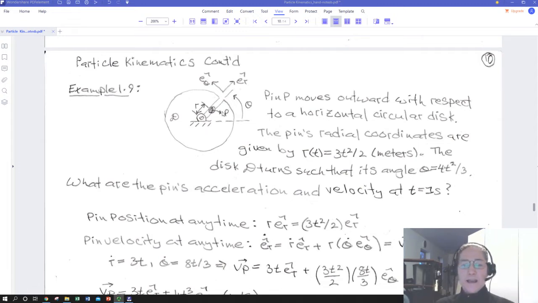So that's what the angle is going to be with respect to time. So it's definitely not a constant turning speed. It sounds like it's accelerating in the theta direction. So we need expressions for the pin's acceleration and velocity at a particular time.